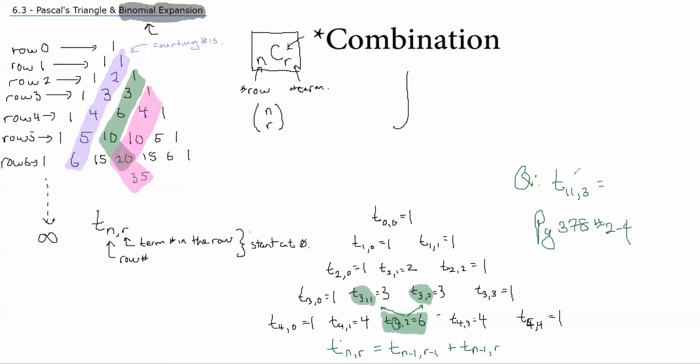Let's pretend, just like before, you wanted to know what T11,3 is going to be. That means the row is 11 and the term number is 3, which means it's the fourth number in the sequence. Take your calculator. What you're going to type in is 1, 1 for 11. You're going to type in Shift and press whatever button that lets you do nCr.